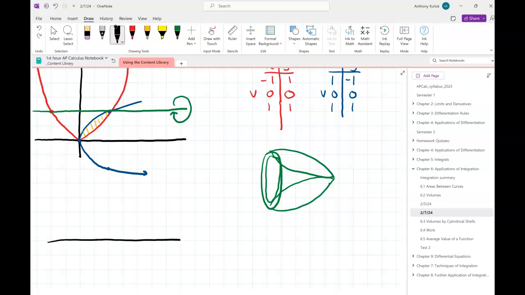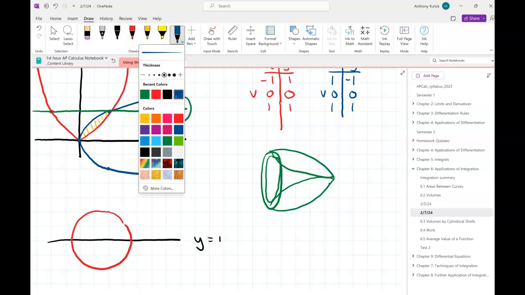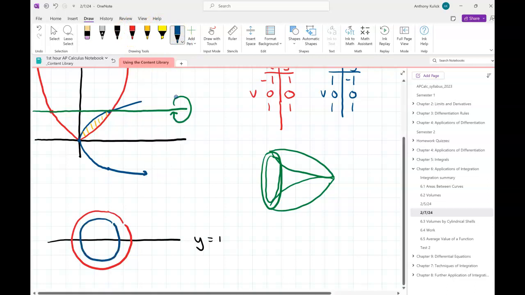So here's the line, y equals 1. And then we're going to have a red curve on the outside and a blue curve on the inside. Everybody okay with that idea?